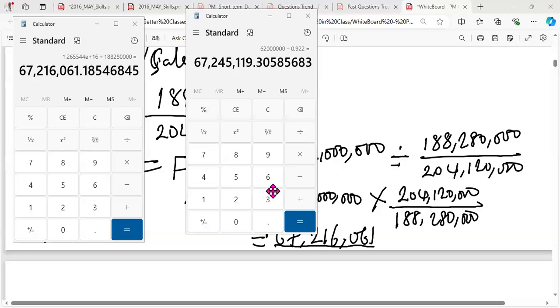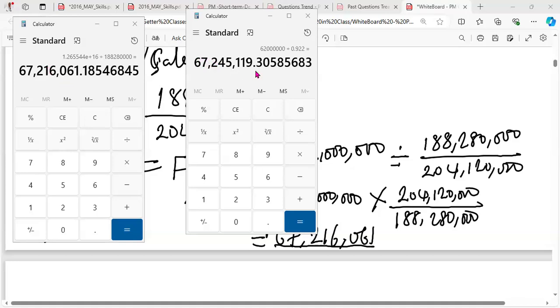Now, whichever way you think is better for you, that is fine. Now, if I were to use this other one here, no problem. But you see here, if precision was required, you have done more than what is required.